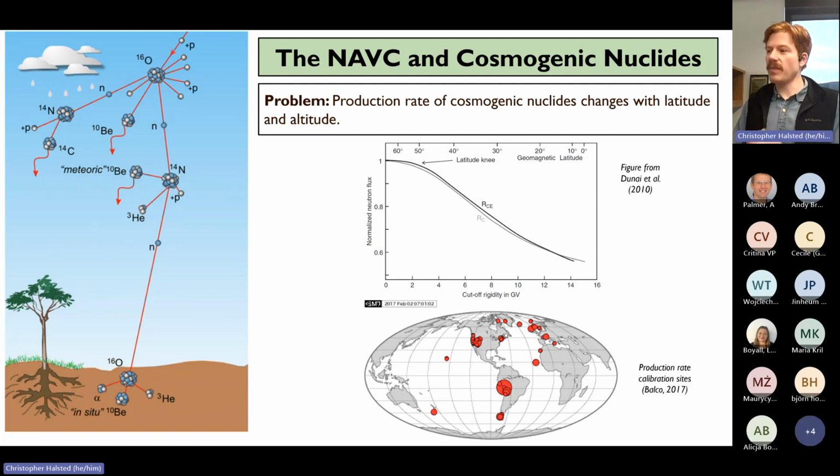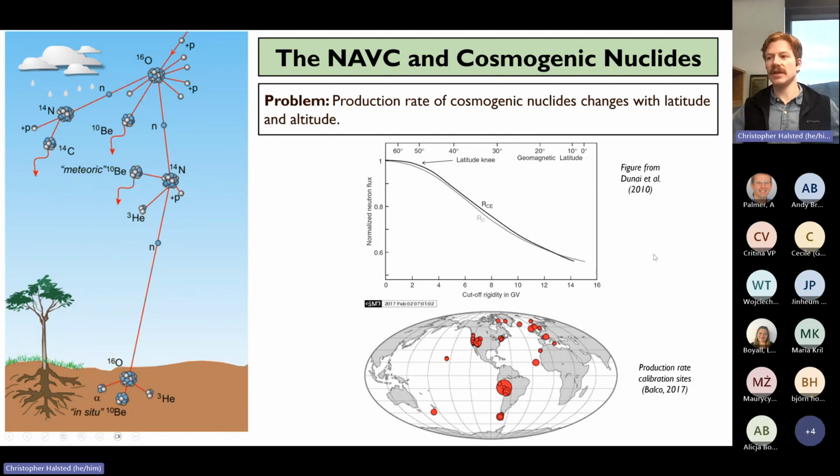And if you know the independent age of that event, you can measure the cosmogenic nuclide concentrations and back out the production rate. And so this is a map showing places around the world where this has been done. And you'll notice that one of those places, this dot right here, is right in the northeastern United States.